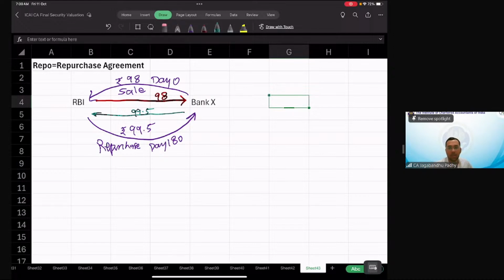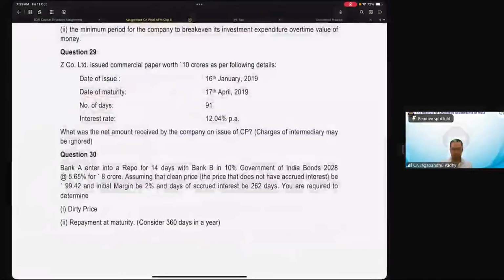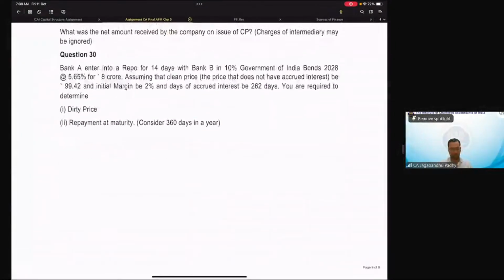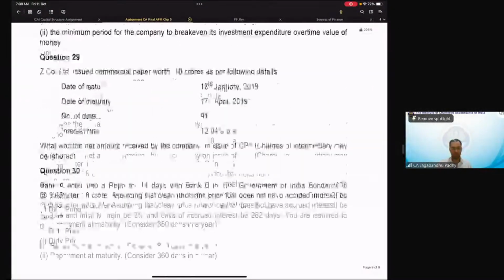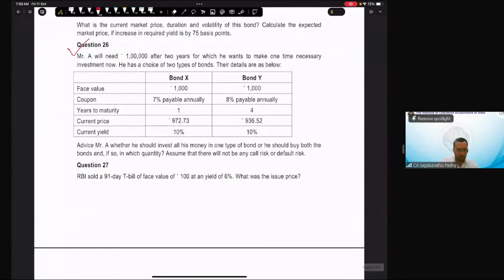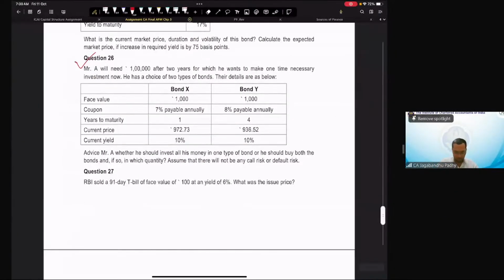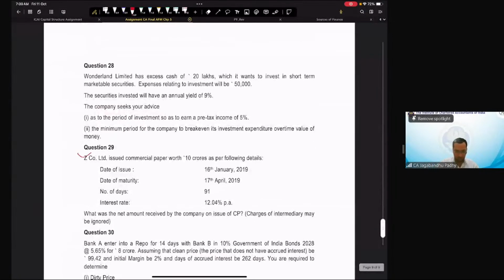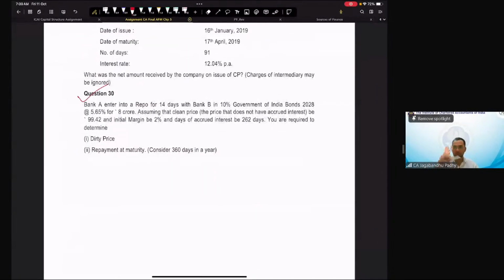Okay. Then let's apply this with the help of a question, which is question number 30. So today 27 is done, 29 is done, and now it's time for question 30.